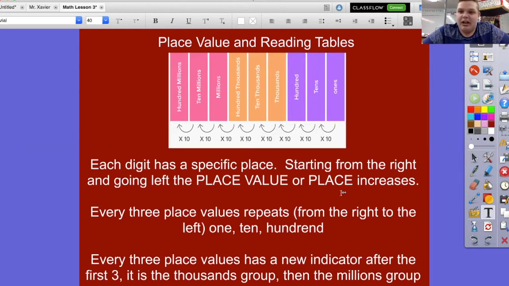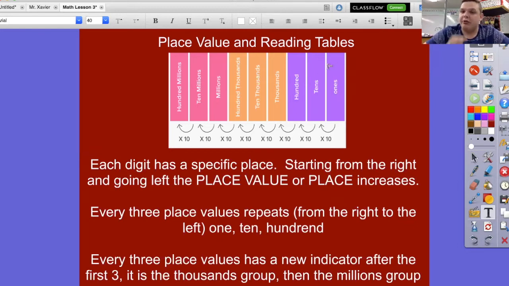Each digit has a very specific value. Starting from the right and going to the left, the place value or place increases. So all of these up here, ones, tens, hundreds, those are all places or the place value. In this one it has different colors: a purple color, an orange color, and a pink-like color.